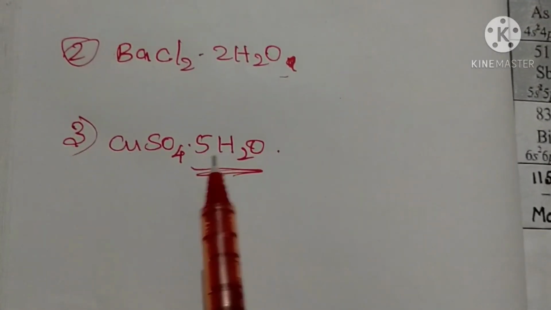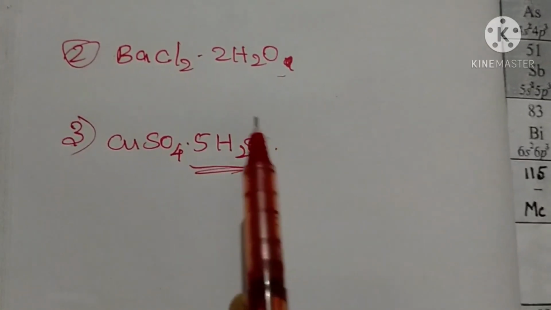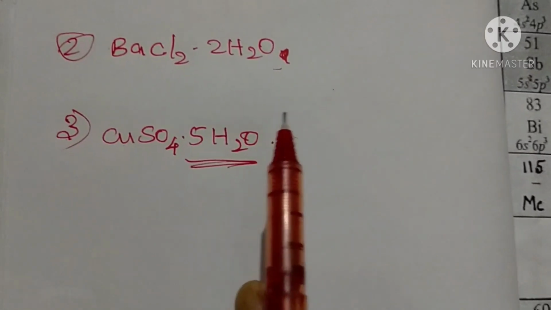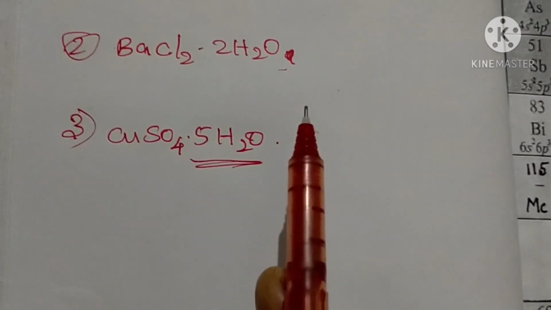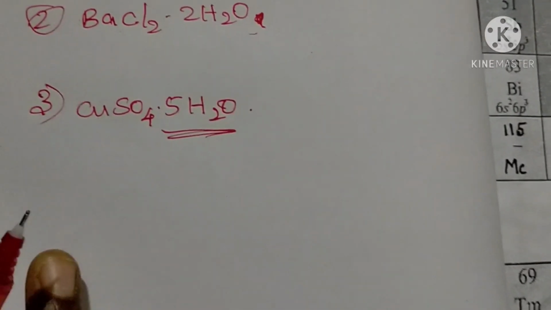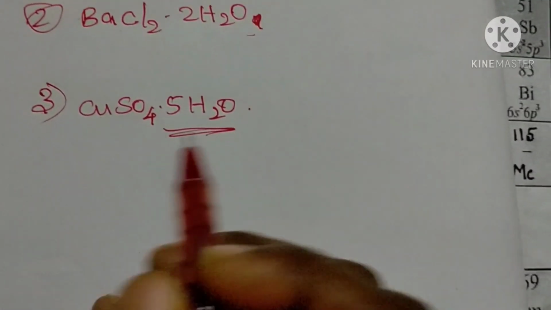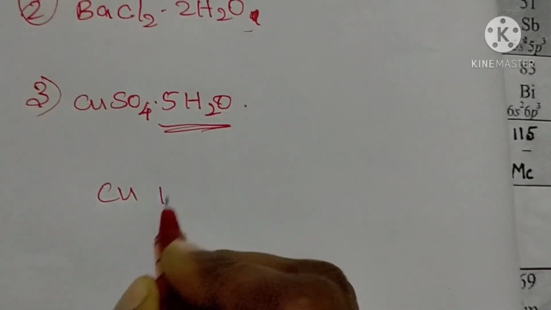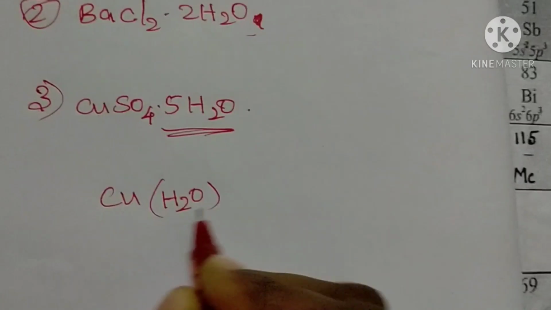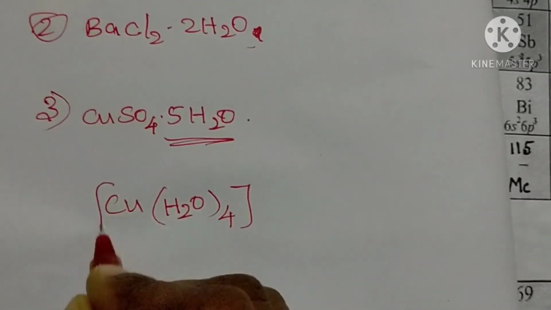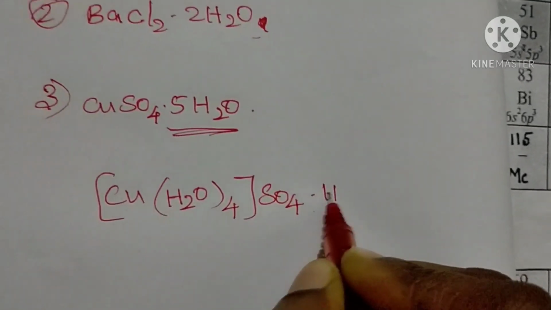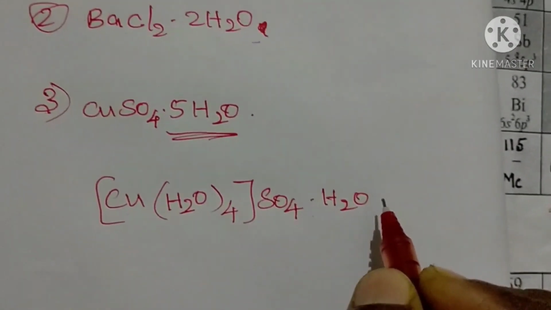That means the copper is bonding with the fifth water molecule outside the coordination bond. So they form the hydrogen bond, and the formula is [Cu(H2O)4]SO4·H2O.